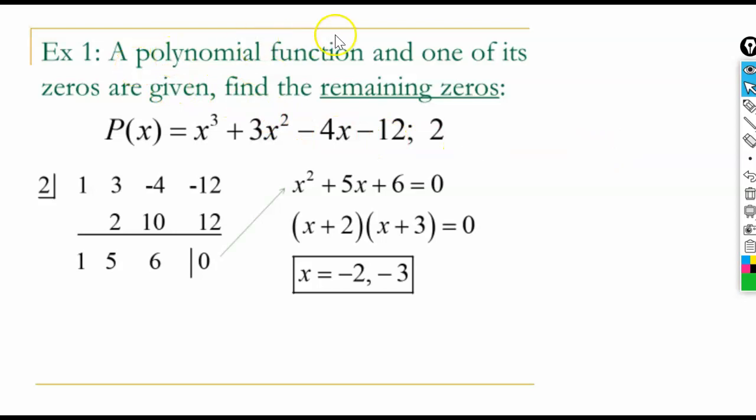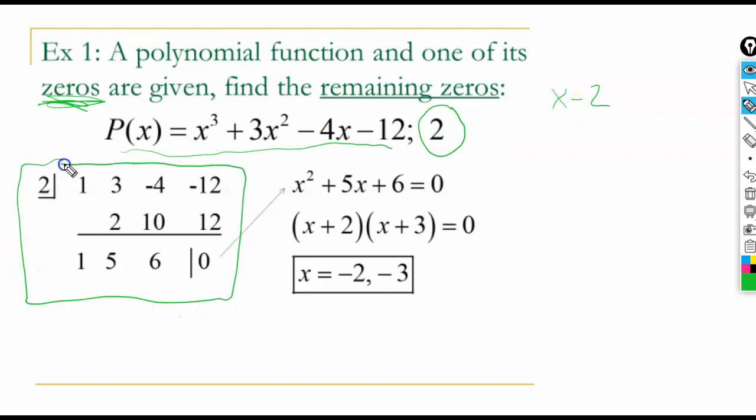So if I have a polynomial function and they give me one of the zeros, if this is the function and this is one of its zeros, that means that x minus 2 must be a factor of it. And if x minus 2 is a factor of it, that means that it will divide it evenly.